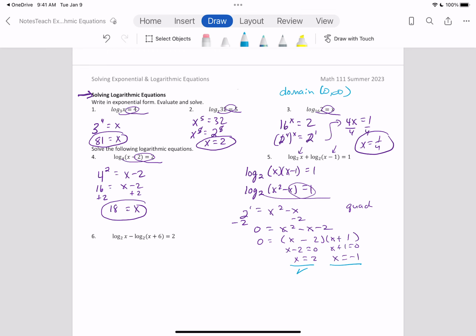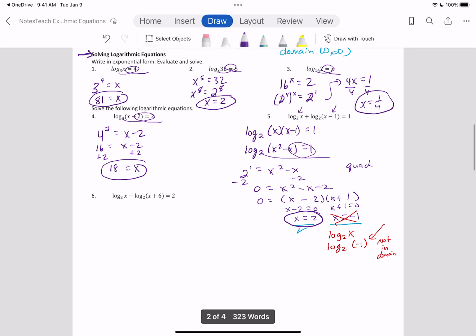So the 2 is fine, but we're going to have to reject the -1, because if I plug that back in, my very first term is log 2 of x. If I had log 2 of -1, remember this is not in domain. So don't forget to be on the lookout for that. So this problem has only one solution, x equals 2. Okay?